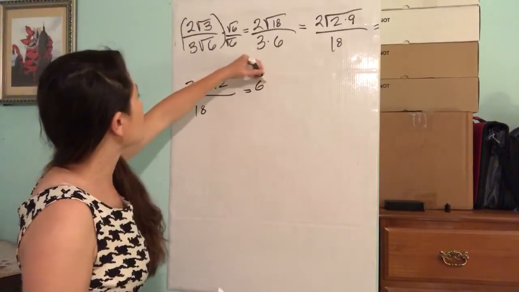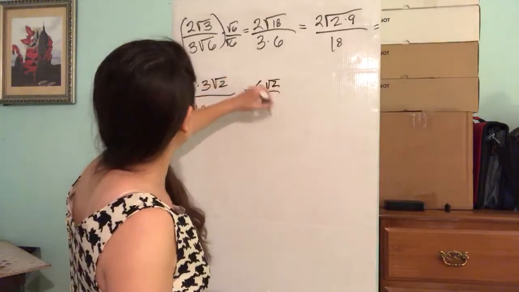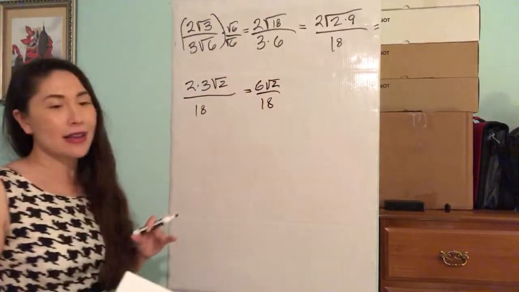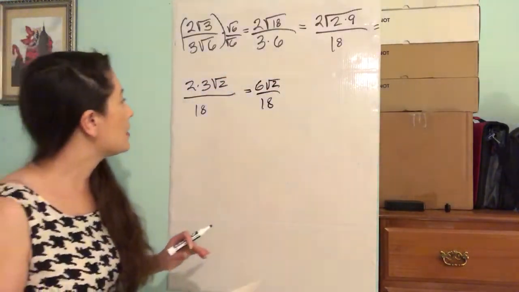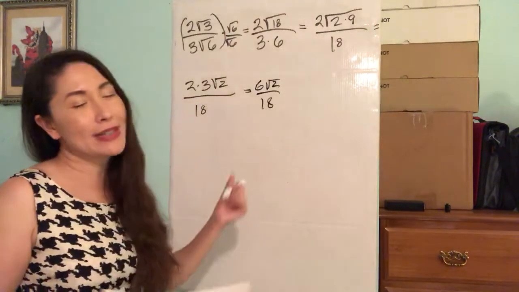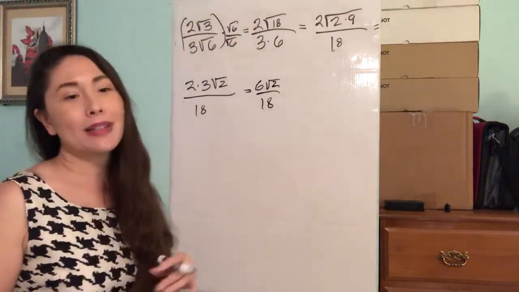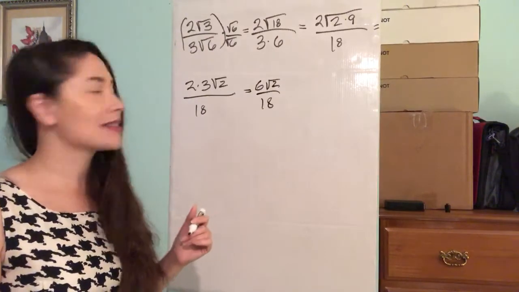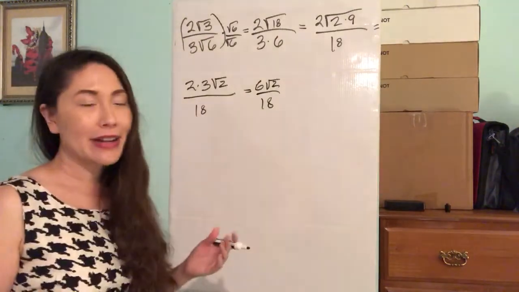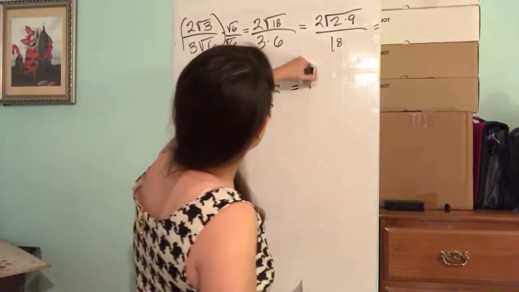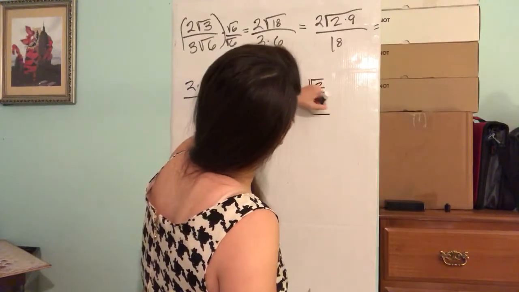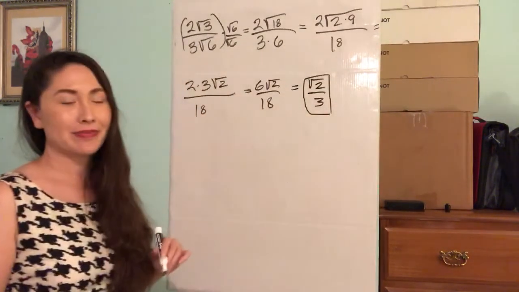So we got 6 times square root of 2 over 18. Is there anything else we can do? What's 18 divided by 6? 3, right? So we get square root of 2 over 3. And that's our final answer.